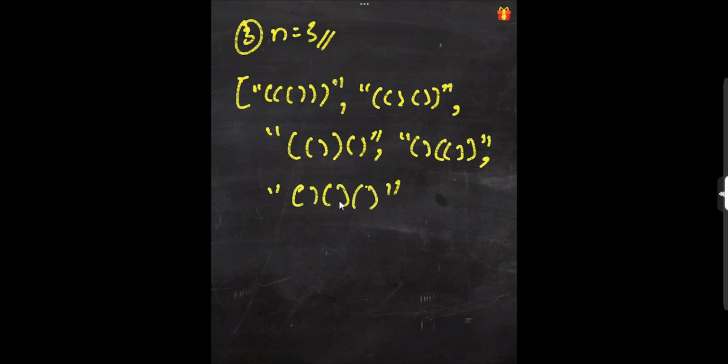These are the 5 combinations. So this is for n equals 3. This is for the max open at start here. I'll call this max open at start, right?